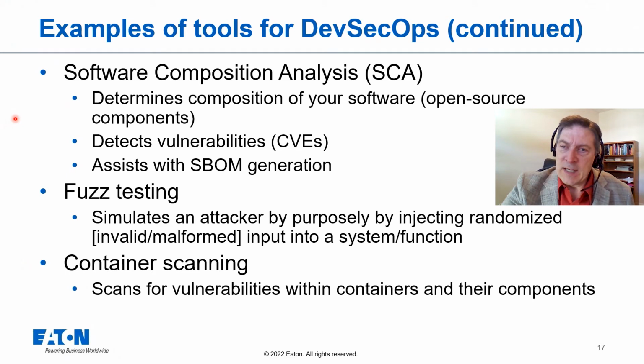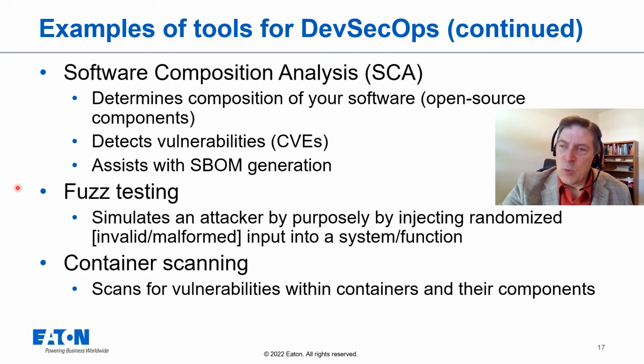Another thing is fuzz testing. If you're not familiar with it, this is really a technique that attackers often use. It simulates an attack by simply throwing data that's invalid, crazy type of data at your system or function or whatever. It's either invalid, it could actually be malformed. And the attacker looks to see how your code or your system responds.